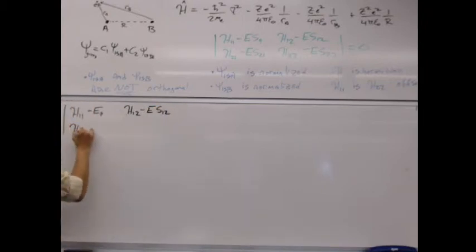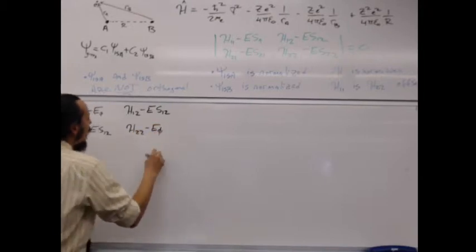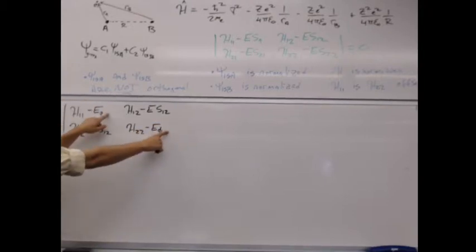I'm going to have H21, and now I can finally switch this back to what we had before, H12 minus E S12. And then I can have H22 minus E S22. I was able to get rid of the S's here.